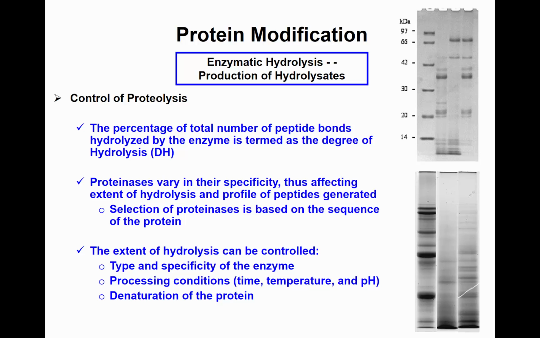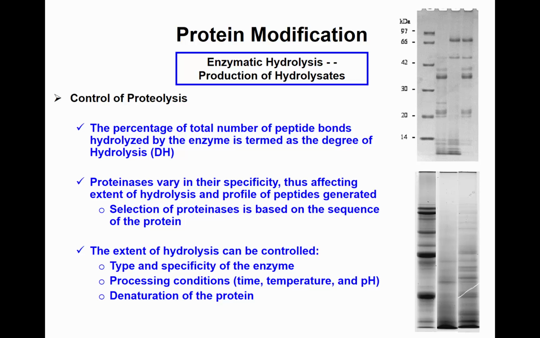That means they don't have a known specificity, so they would normally be peptidases that chop off peptides. With very low specificity, you can't control so much, because it will just hydrolyze almost anything and won't result in a very characteristic profile of peptides.